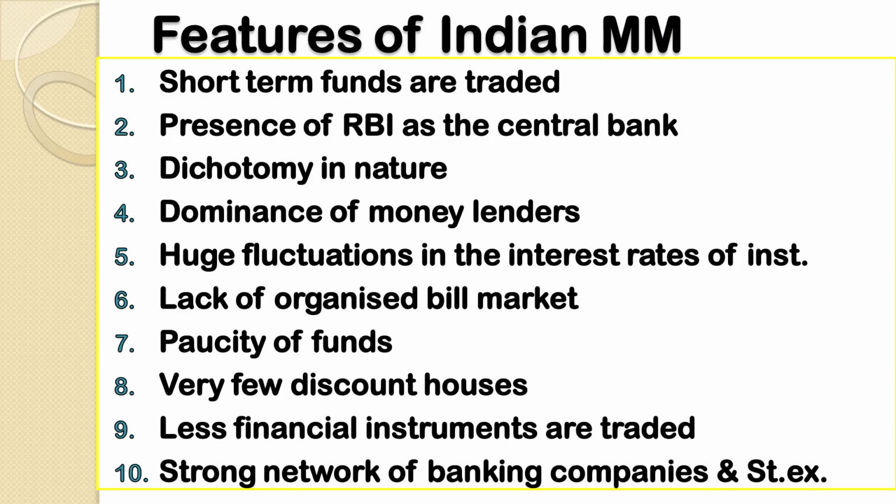But there is another segment, which is the unorganized sector. Suppose money lenders are lending money which carries a rate of interest of more than 40%, more than 30%. And the calculation of those rates of interest is also not on a yearly basis. It might be calculated on a day basis, a week basis or a month basis. So there are huge fluctuations in the rate of interest over the securities traded in our Indian money market.